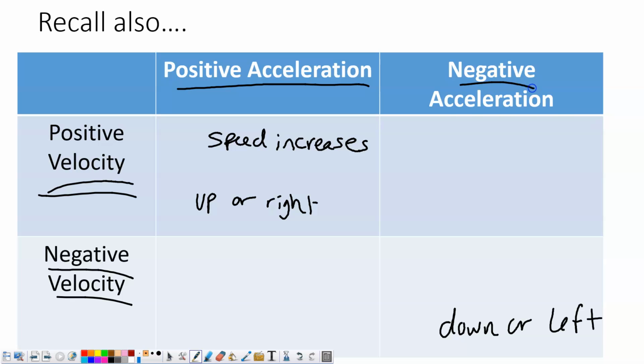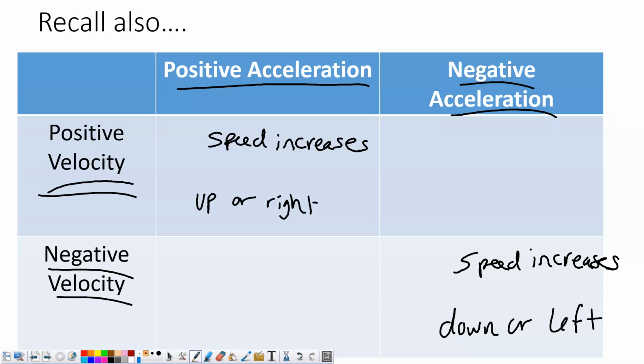And if you have a negative acceleration, that means your acceleration is working with it again. If you're moving to the left and you're being pulled to the left, then you're going to go faster to the left, and so your object will be speeding up. But anytime the acceleration and velocity work in opposition to each other, you're going to slow down.